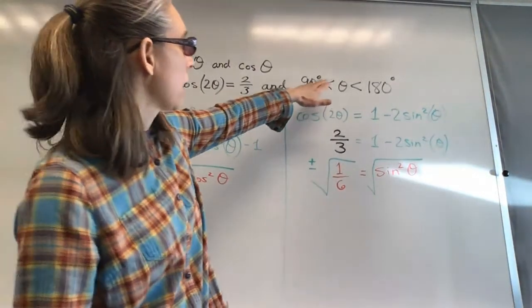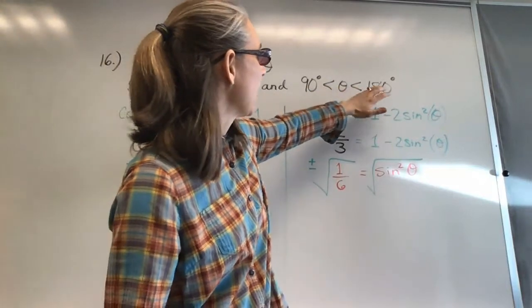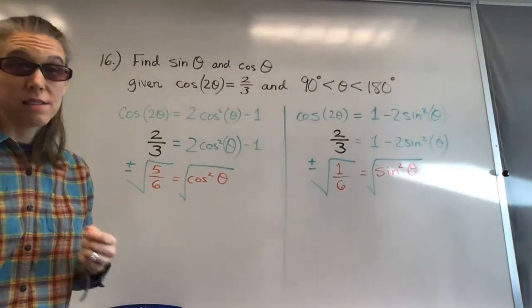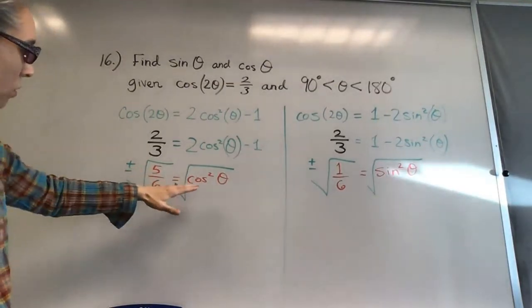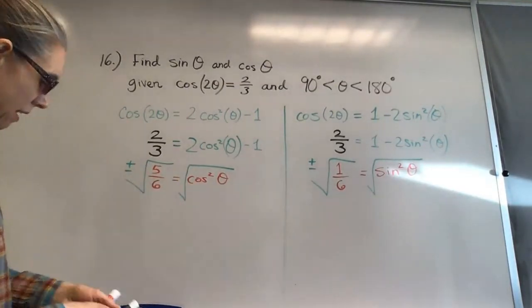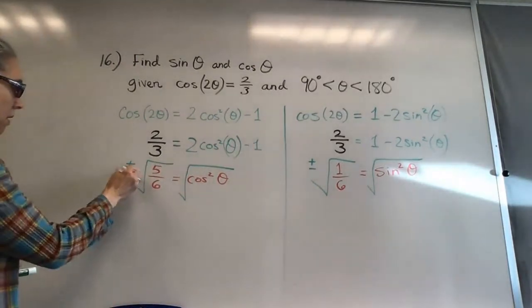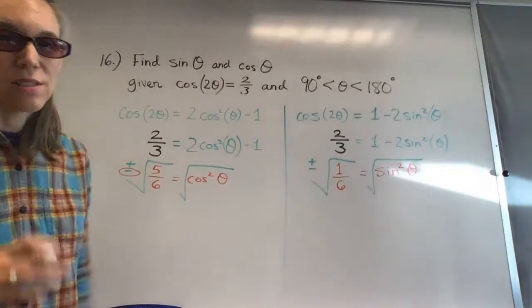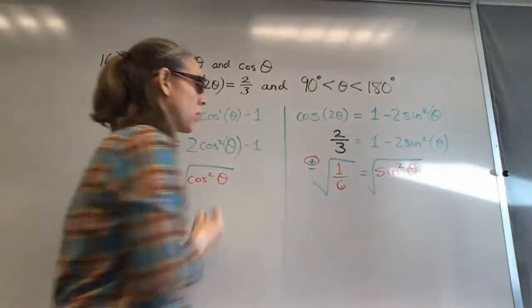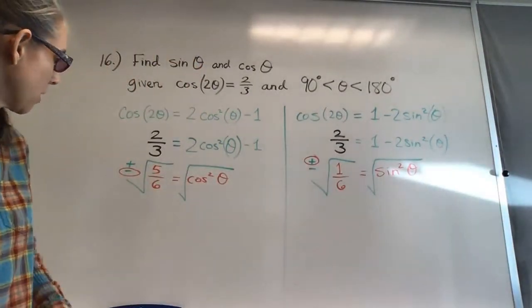Theta is located between 90 and 180 degrees. So theta is in the second quadrant. In the second quadrant, cosine is negative, so we want to keep the -1. And in the second quadrant, sine is positive, so we would want to keep the positive version of that.